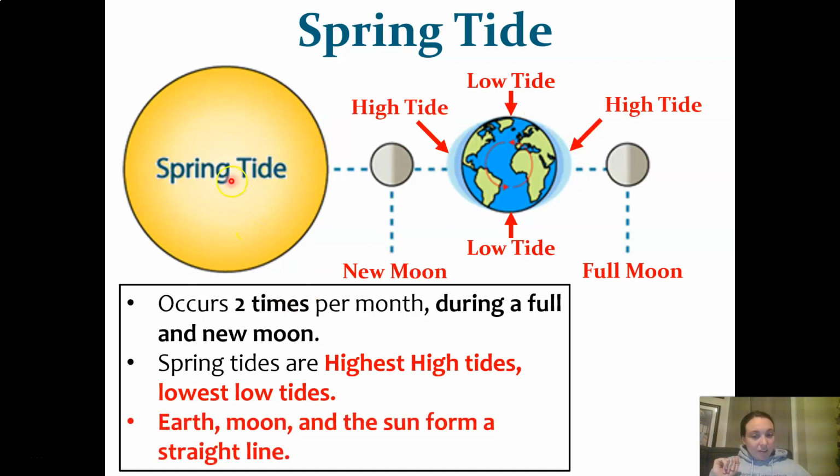Because the sun, the moon, and the earth all form a straight line, the bulge due to the gravity of the moon and the bulge due to the gravity of the sun are all lined up. So you get an even higher high tide.